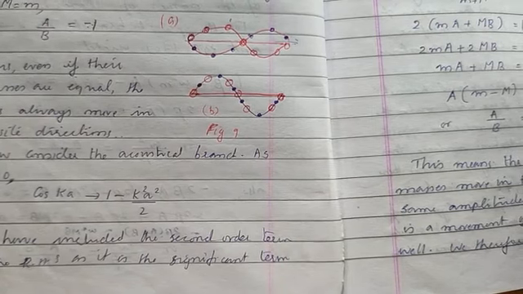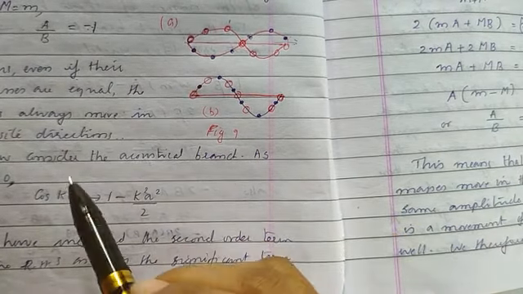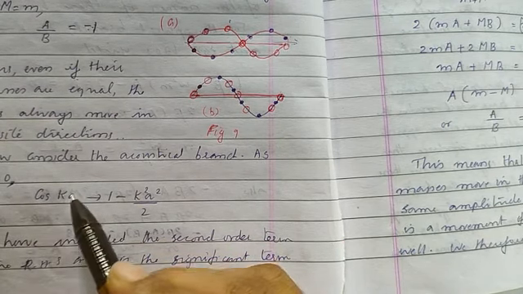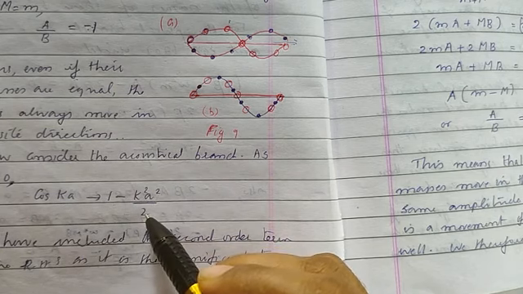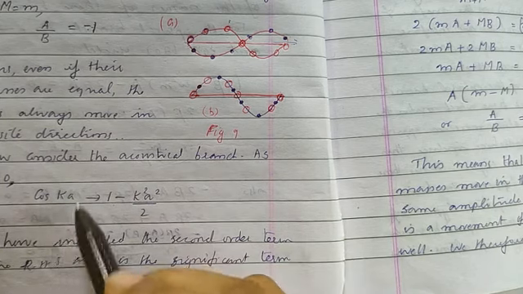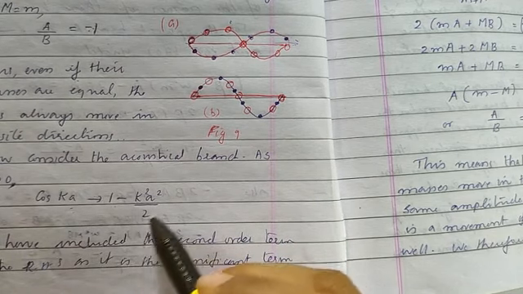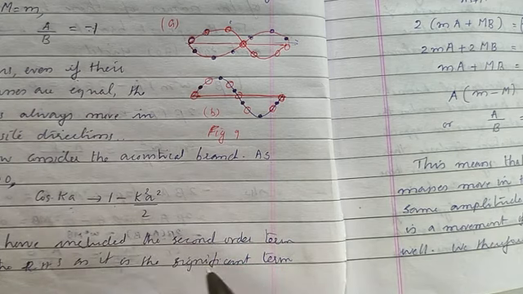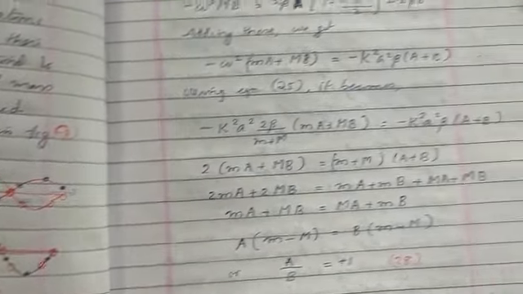Now consider the acoustical branch. For this, when k tends to 0, cos ka is 1 minus k square a square by 2. This is according to the expansion of the cosine series. We will retain the first two terms here, so we will get this expression. We have included the second order term on the RHS as it is the significant term in this present case.